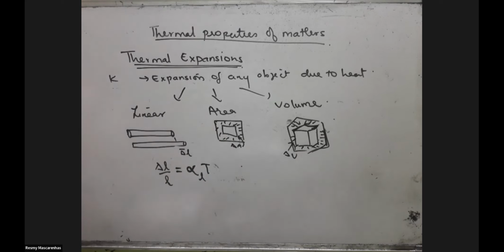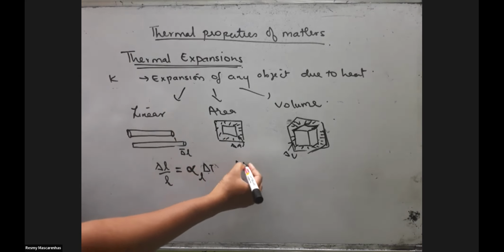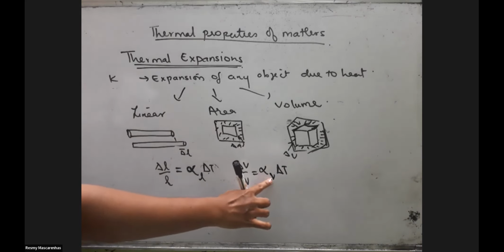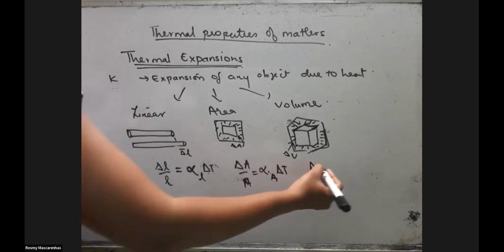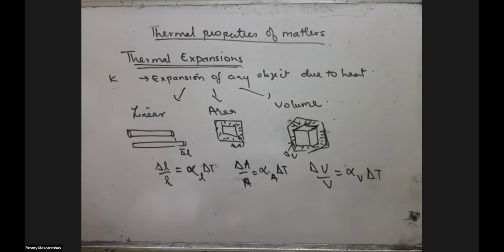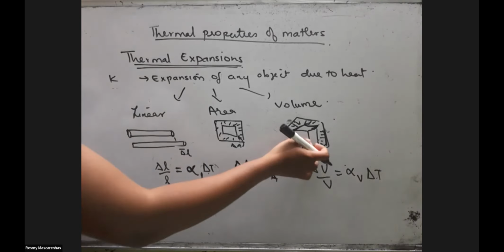Then the second one, delta A upon A will be again alpha A delta T, and for volume, delta V upon V will be alpha V delta T. For area we have to use the letter A, and for volume you have to use the letter V.